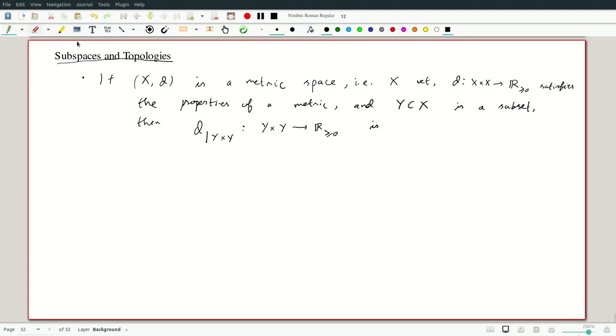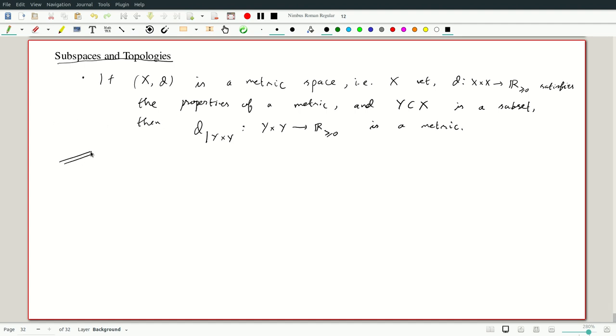Essentially nothing has to be proved. One just has to look at the definition of a metric and observe that the conditions are for all points, all pairs of points, or all triples of points in X. And if Y is a subset, they will hold all the more for points, pairs of points, and triples of points in Y. Okay, so far so good.